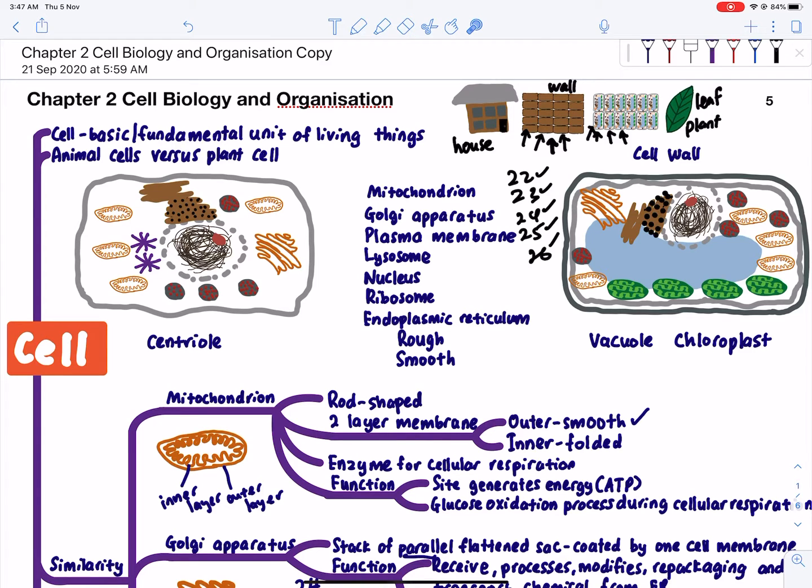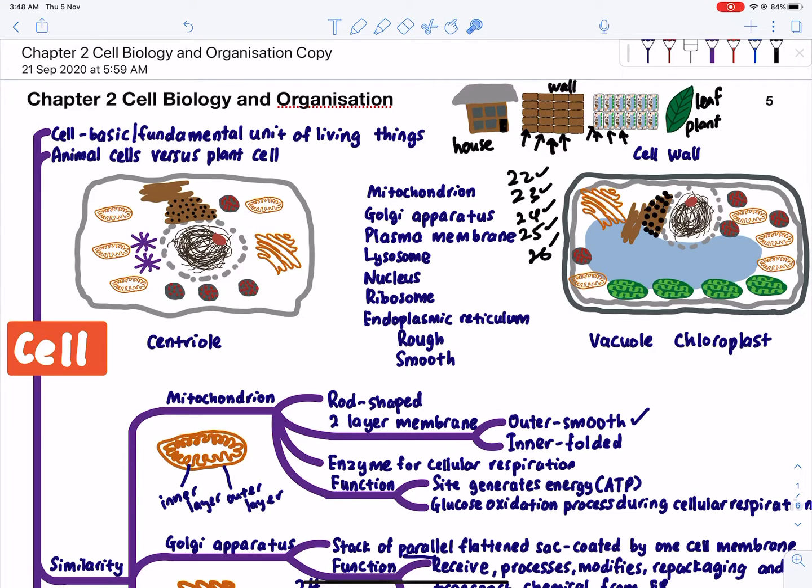For example, the red blood cell is of course different from the picture that I'm drawing here. The red blood cell is biconcave, flexible, and lacks a nucleus. That is considered a difference. If we look at the sperm cell, of course it's different because it has a tail, a neck, and a head.